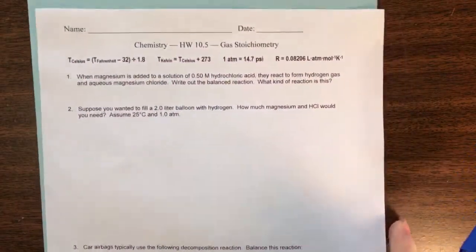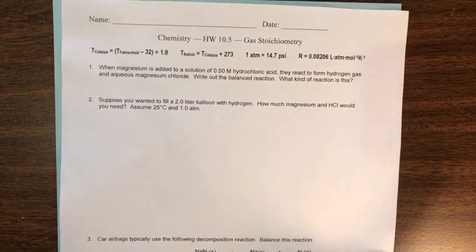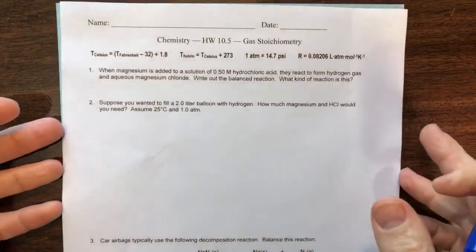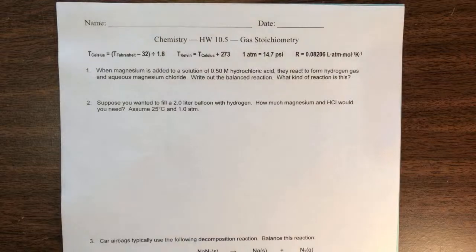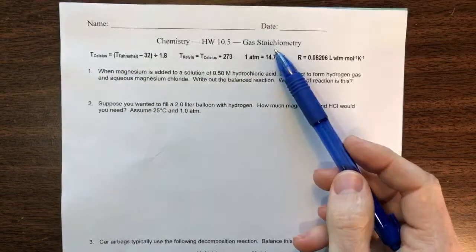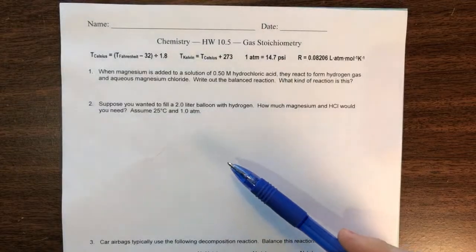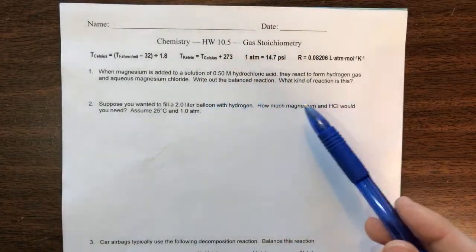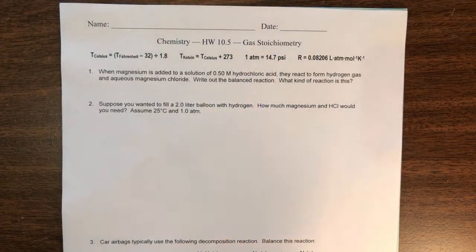Now, it's time to go ahead and jump into the new stuff, which is the last thing that we're going to do for this unit, and that is gas stoichiometry. And this is a beautiful, beautiful lesson, and it's going to be a beautiful, beautiful lab because it's going to bring together some of the various things that we've learned. It's going to bring together chemical reactions and stoichiometry and now gases and even a little bit of solutions all here together.